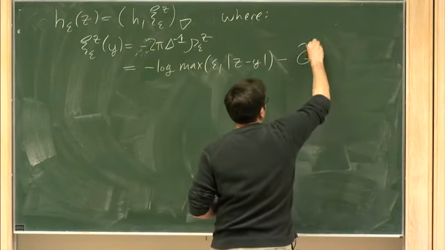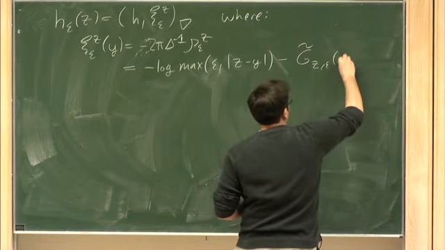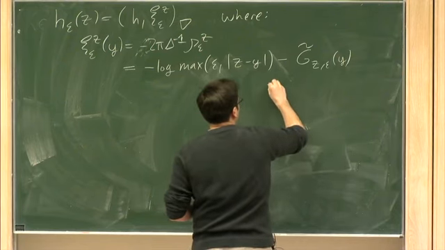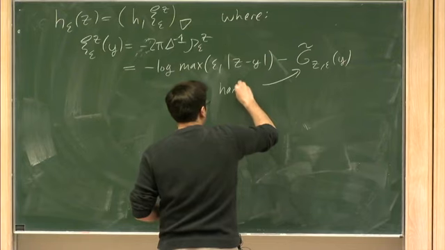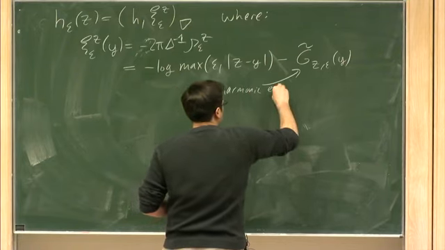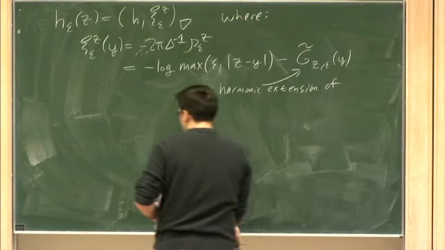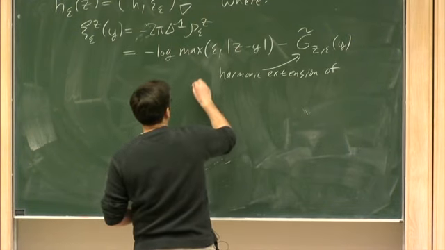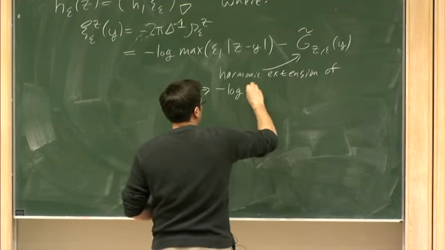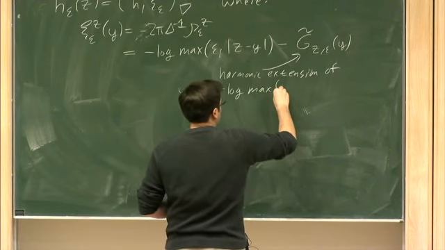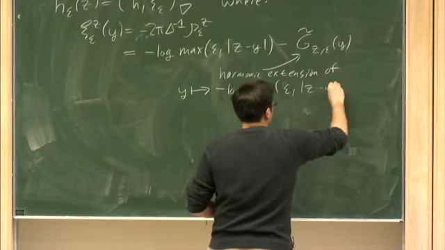minus another function, which we call g tilde sub z comma epsilon of y, where this function is just the harmonic extension of the function which associates with a given y minus the log of the maximum of epsilon and the distance between z and y.